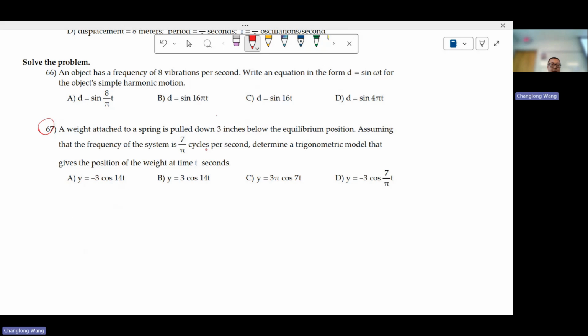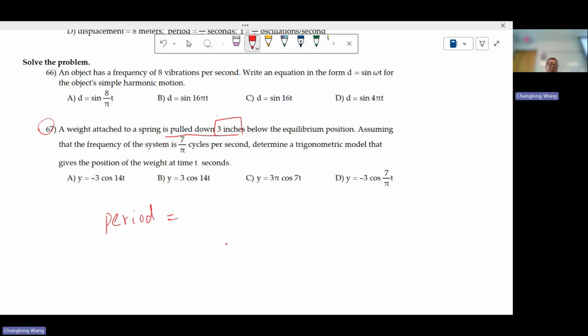Anyway, now, let's say a weight is attached to the spring and it's pulled down, again by 3 inches. Now the frequency is 7 over pi. Figure out which equation describes this kind of motion. Again, I prefer to work out the period first, right?